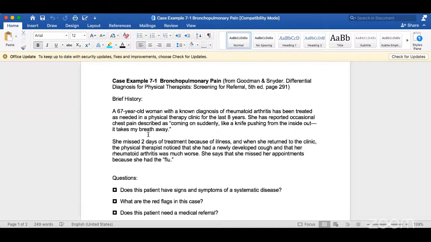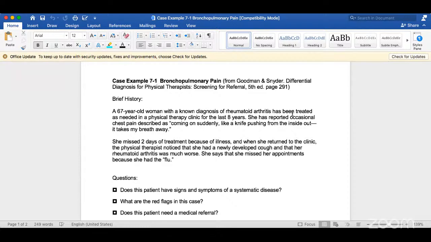Case example 7.1. Bronchopulmonary pain from Goodman and Snyder. Differential diagnosis for physical therapy screening for referral. Fifth edition, page 291. Brief history.